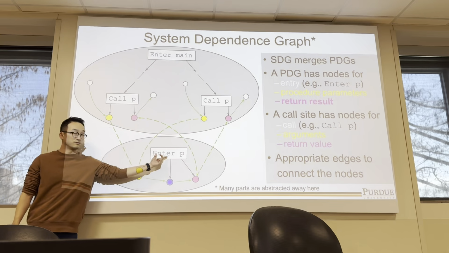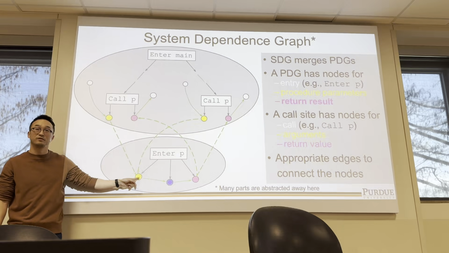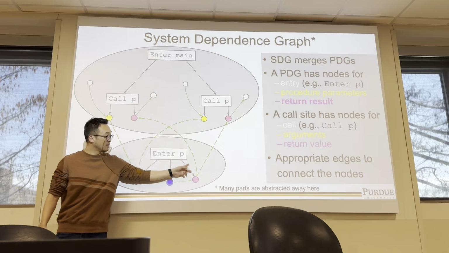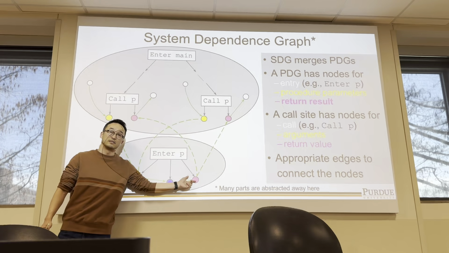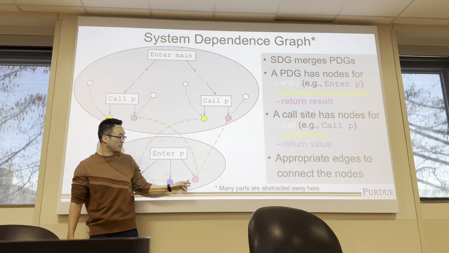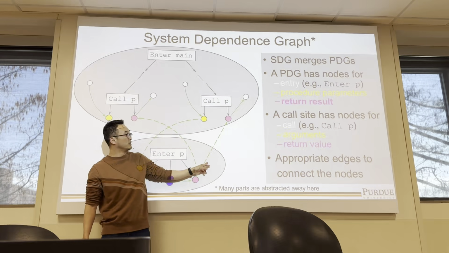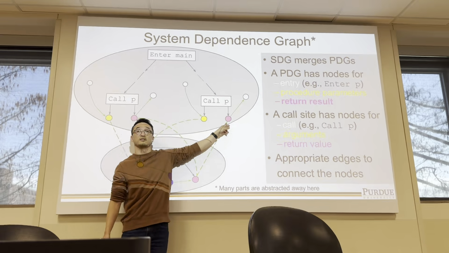Same thing with this function: I get the parameter through this node, and then I get the result and pass it through this node. When it's the result part, for x equals foo, whatever foo's return value is is basically passed to the place of x equals foo.